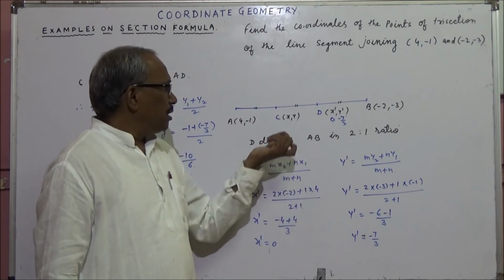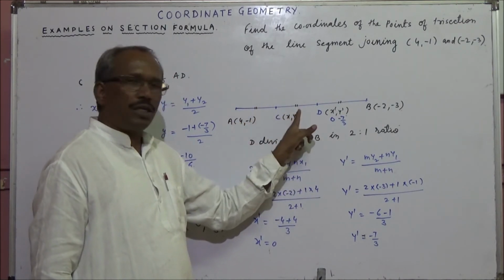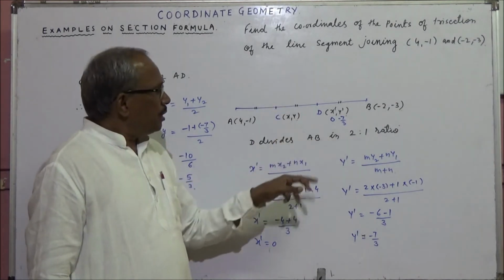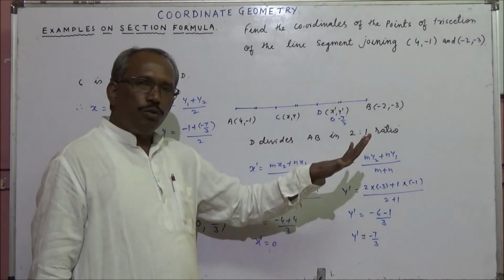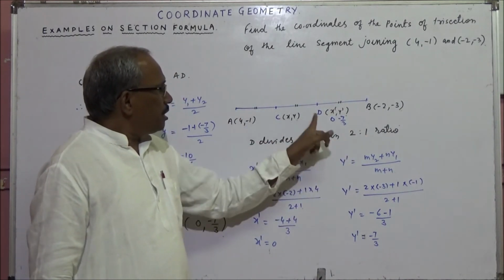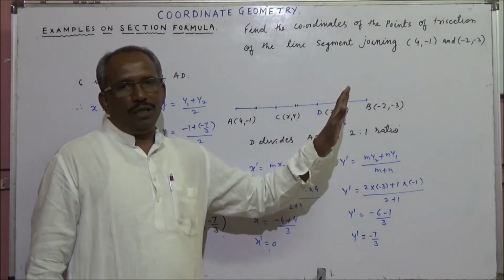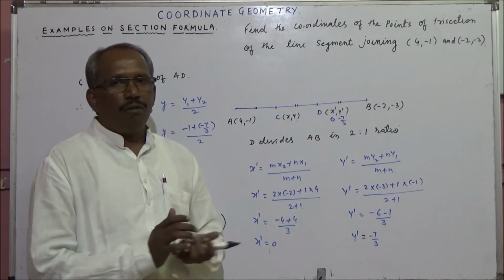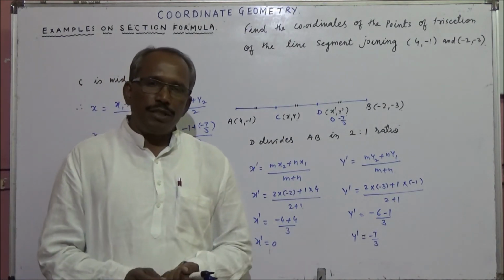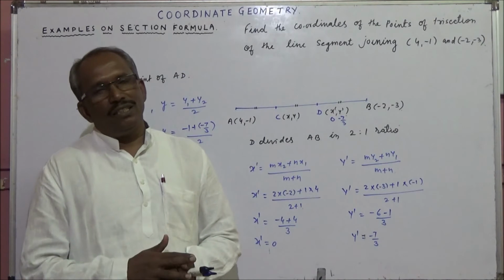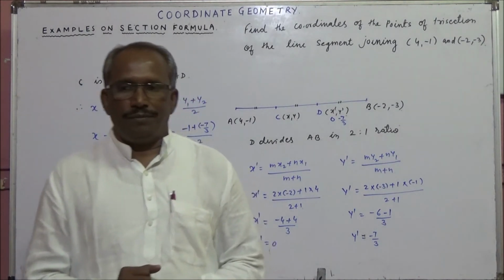Then C divides AD in 1:1 because these two are same, and D divides AB in 2:1 ratio because AD is 2 times of DB, so 2:1. So in this way we can easily calculate the coordinates of points which are trisecting the given line segment. Okay? Thank you.